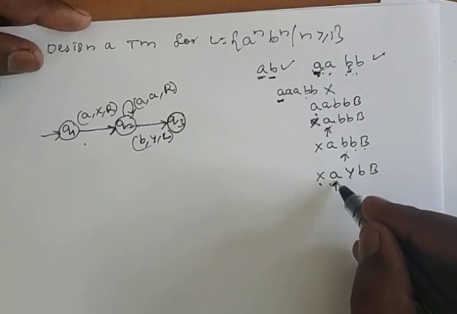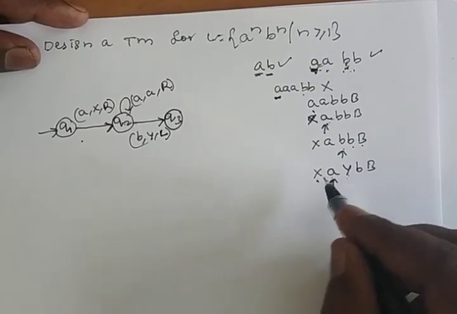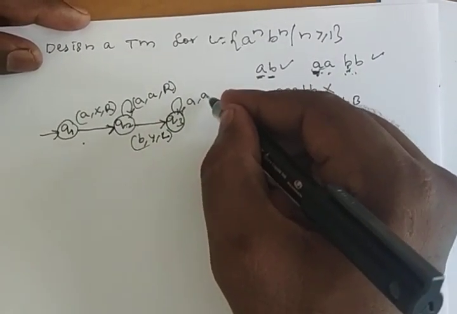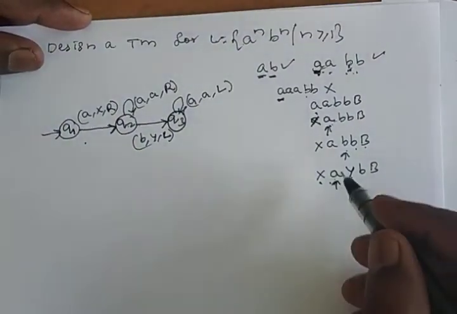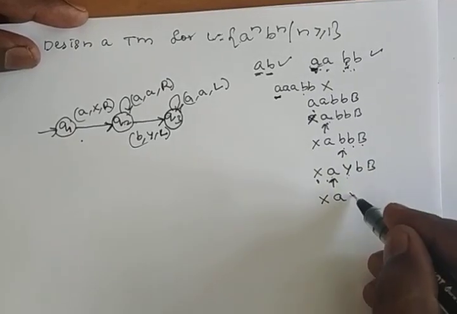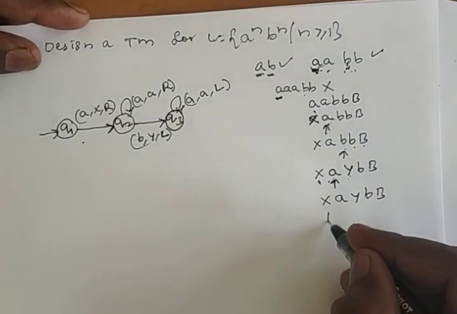You are seeing A here in the state Q3, so you replace A by A and move to the left direction. Now the tape is X, A, Y, B, B, and the head pointer is here.